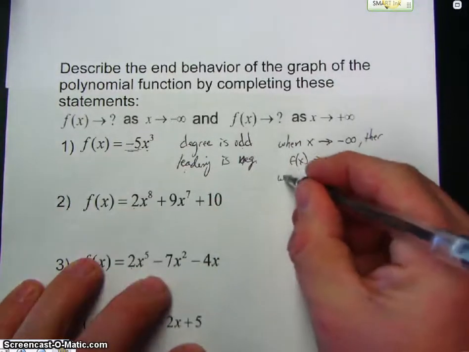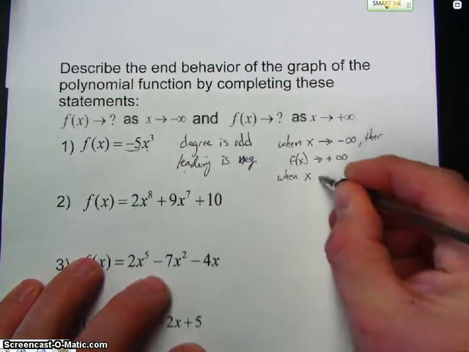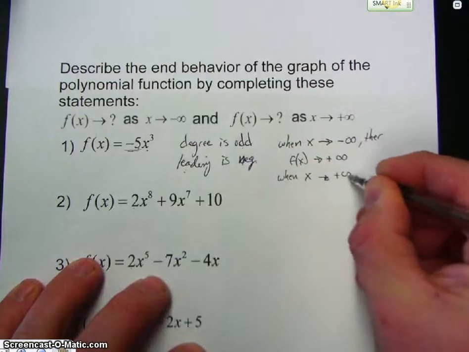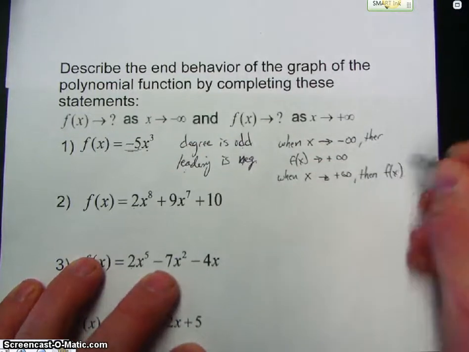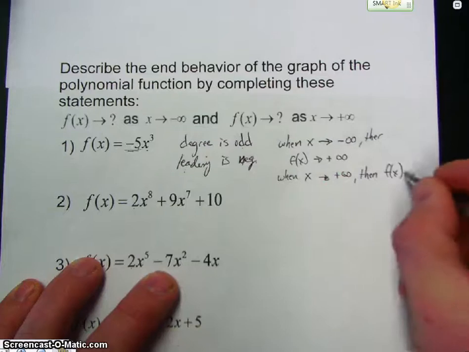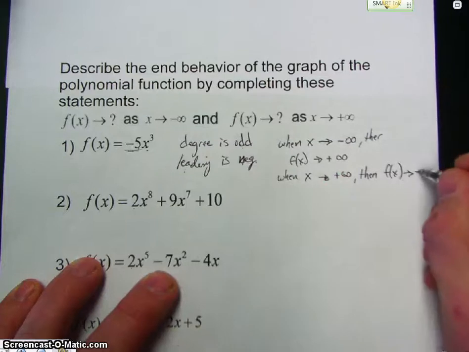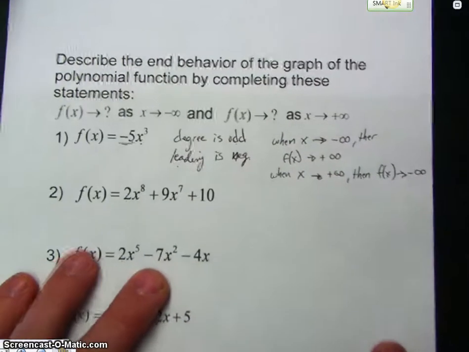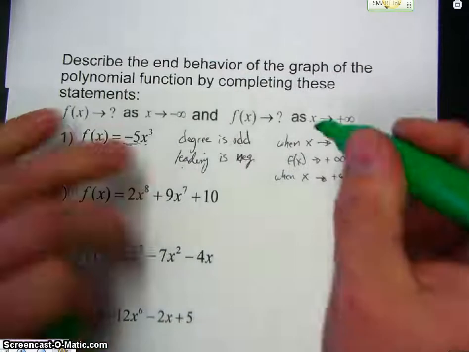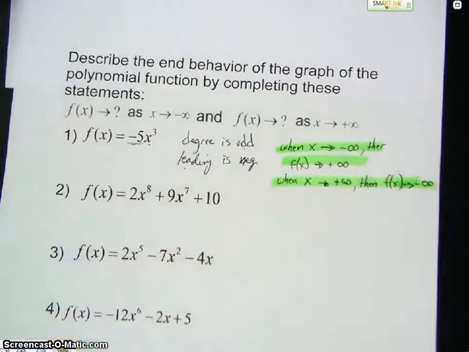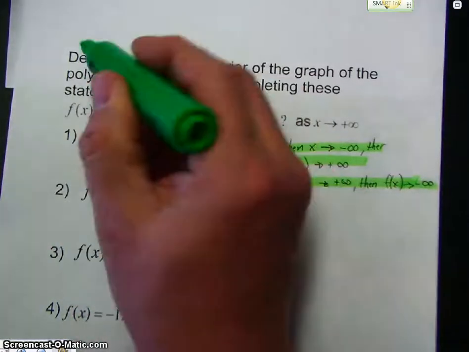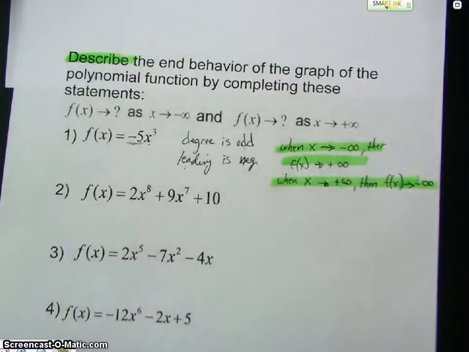And then when x approaches positive infinity, then f of x approaches negative infinity. This is what you're stating, that's what you will write to describe the end behavior.